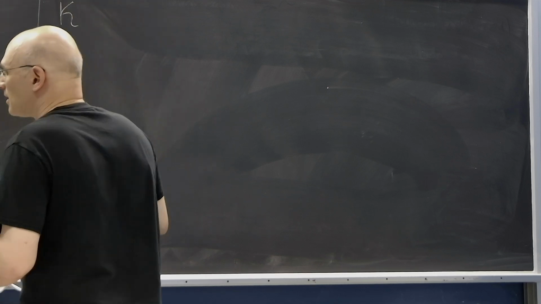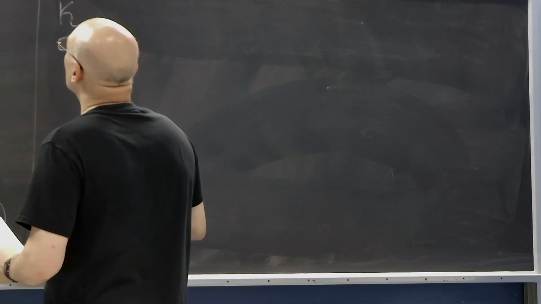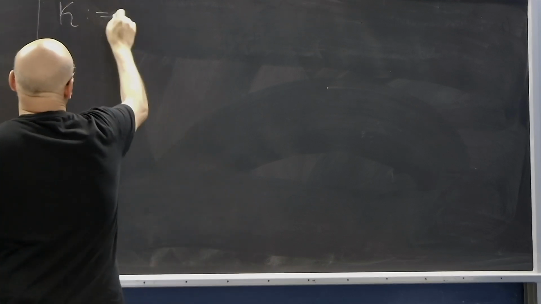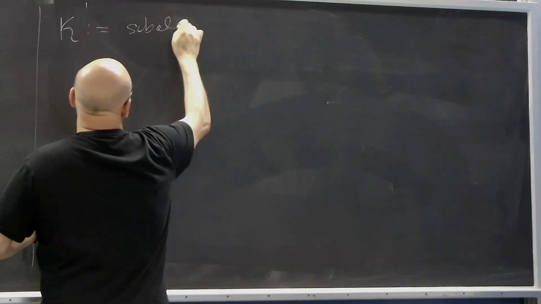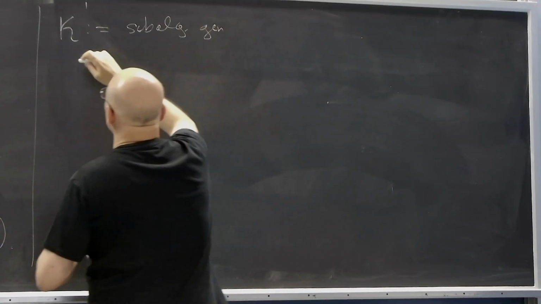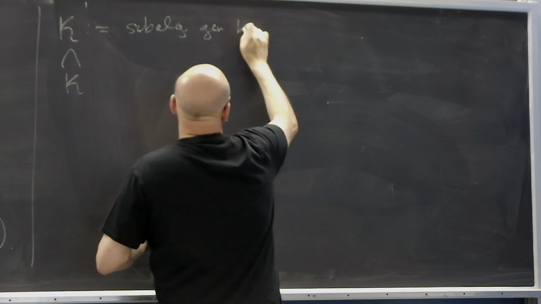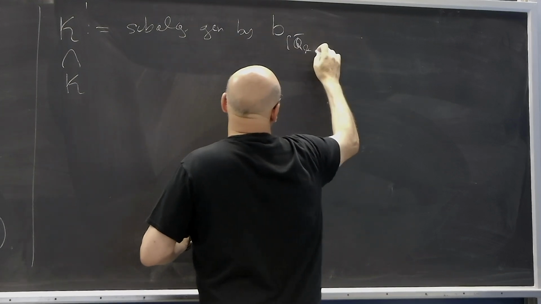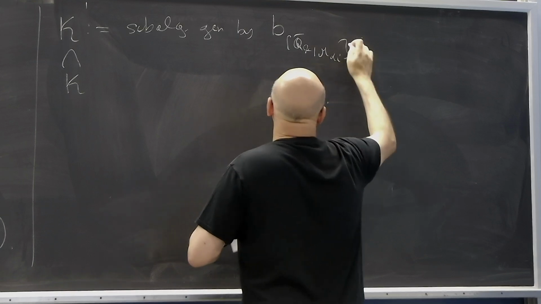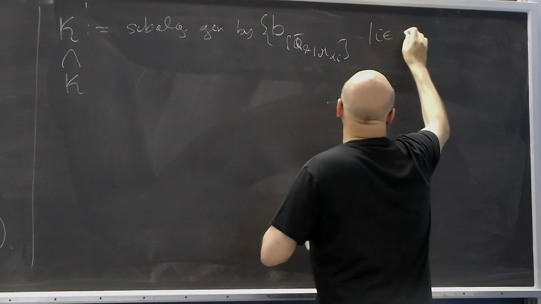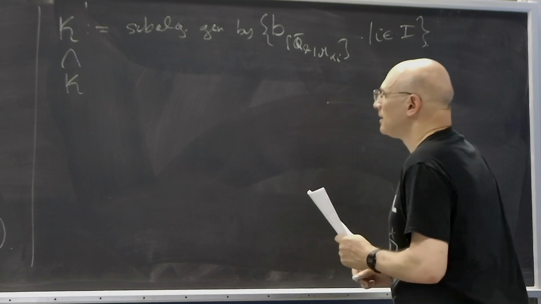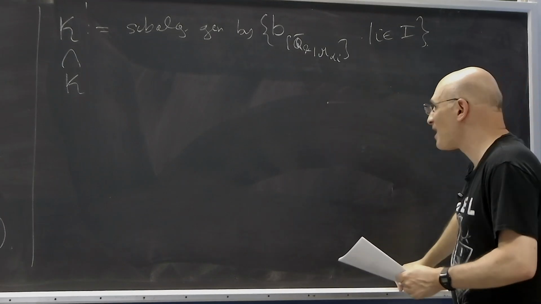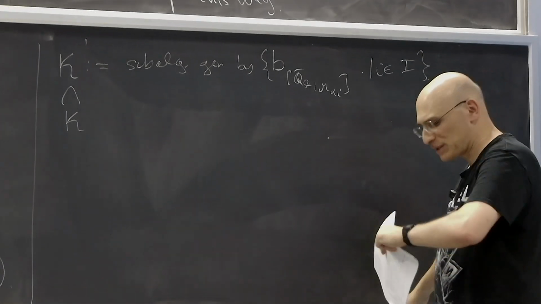Okay, and now something that will seem very natural and correspond more to the spherical Hall algebra. Let's take K prime as the subalgebra inside of K, generated by, let's say, B of Q_l bar M alpha i, i in I. So maybe let me recap again quickly.